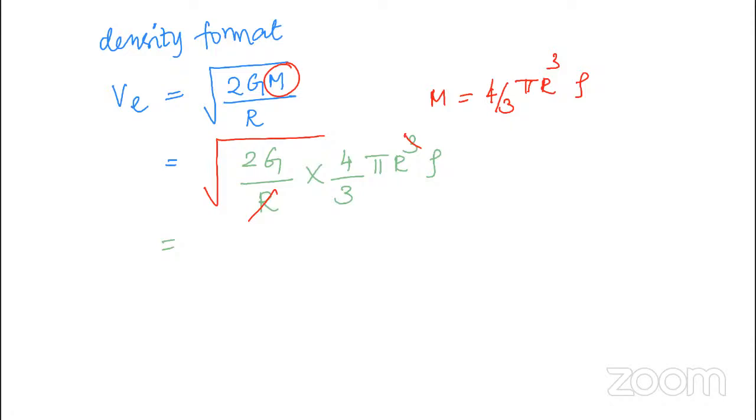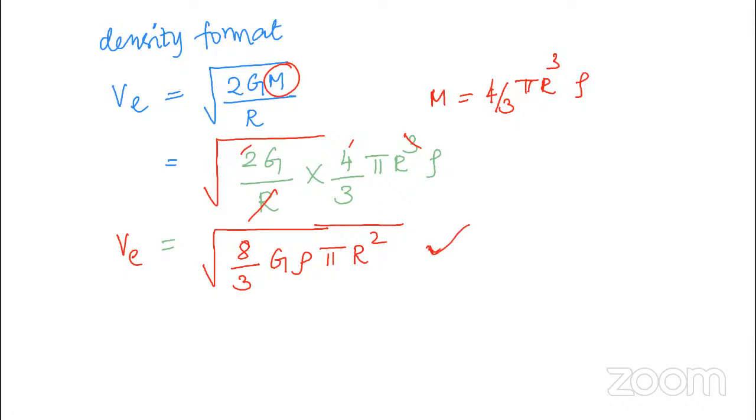VE is equal to square root of 2 into 4, it is 8 pi by 3 into G rho r square. Okay, so this is one important formula. We use it in the problems. Okay, it is a very, very important formula.